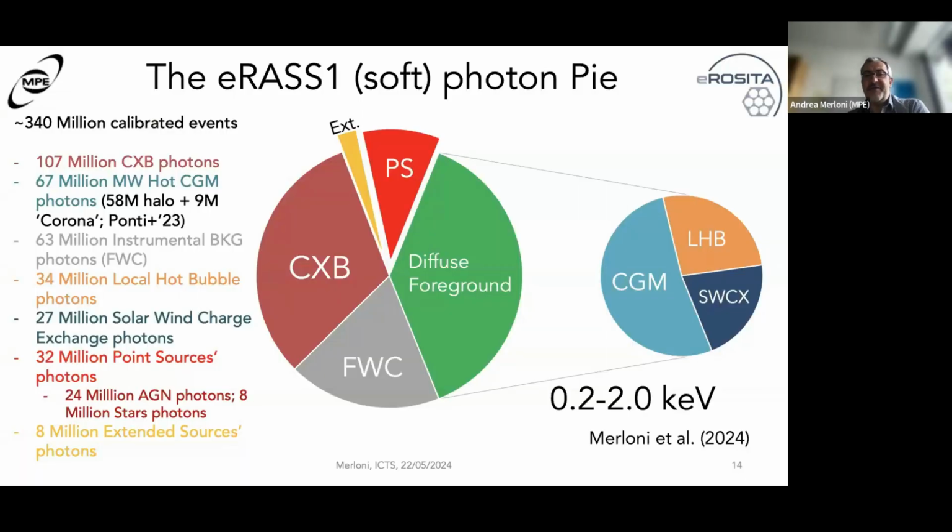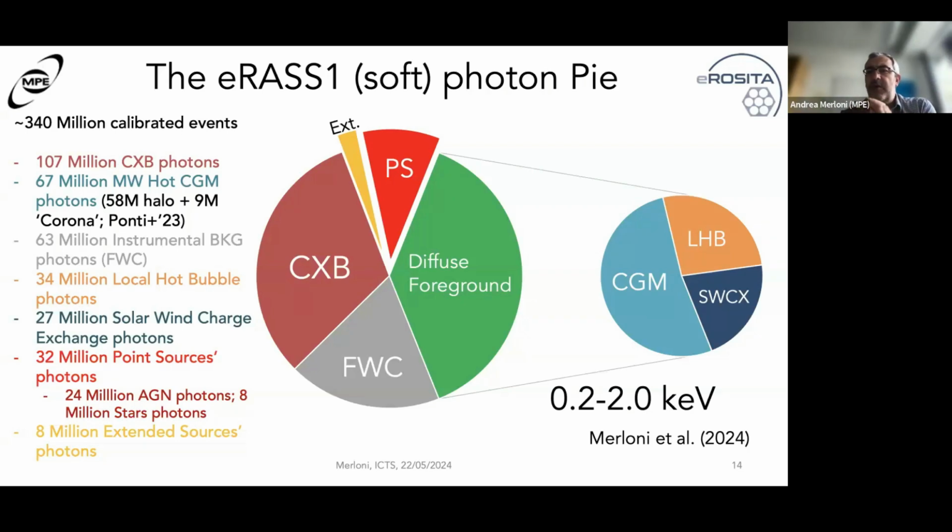Okay, in terms of statistics, breaking down in an approximate way all these hundreds of millions of calibrated photons, this is for eRASS1 only, for the first pass. In 6 months, we detect mostly, so the majority of the photons, as you might have guessed from this image, this structured reddish, yellowish emission.